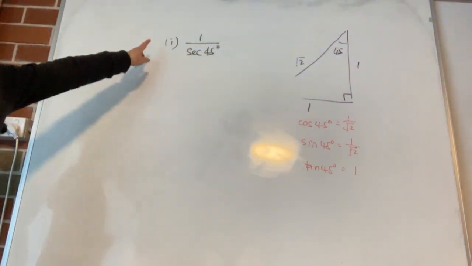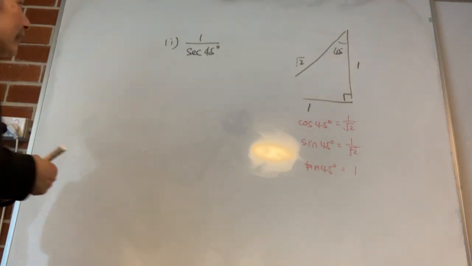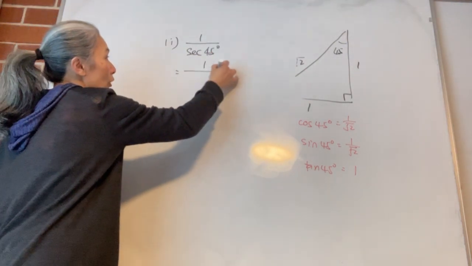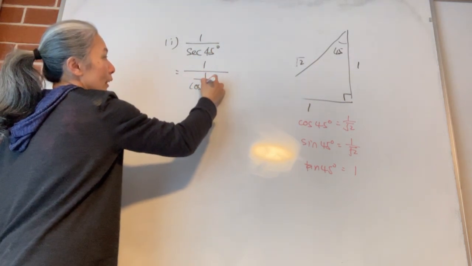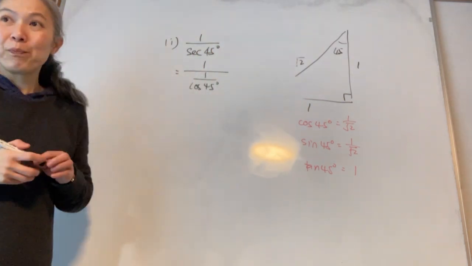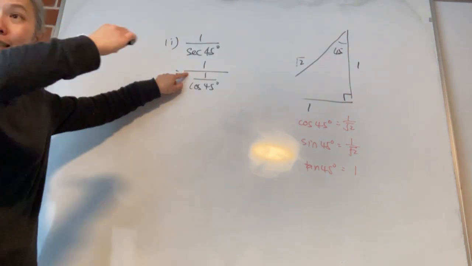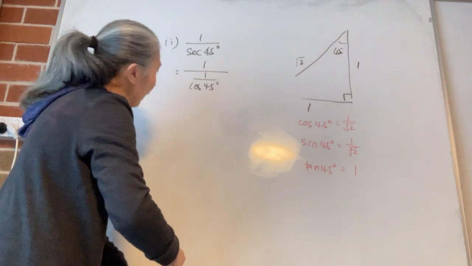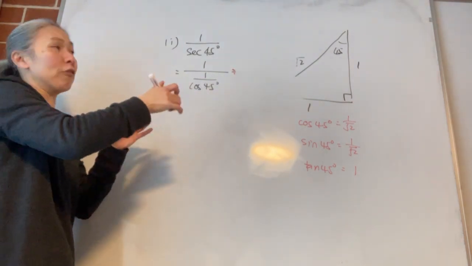For this question, question 1I, you have 1 over sec 45. Sec I can write as 1 over cos 45. Is that alright? And now I'm treating this one as a divide. So whenever I have fractions on fractions, I try to get rid of them first.